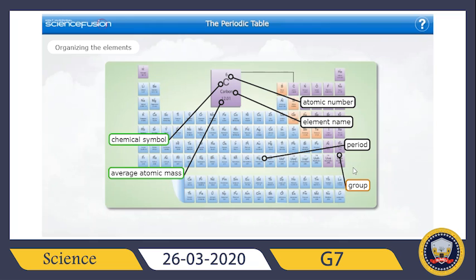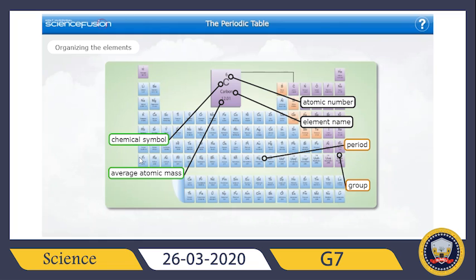We learned these. What we didn't learn is what a period is and what a group is. So the rows on the periodic table are called periods. We will learn about the group later. These elements are placed according to their atomic number.